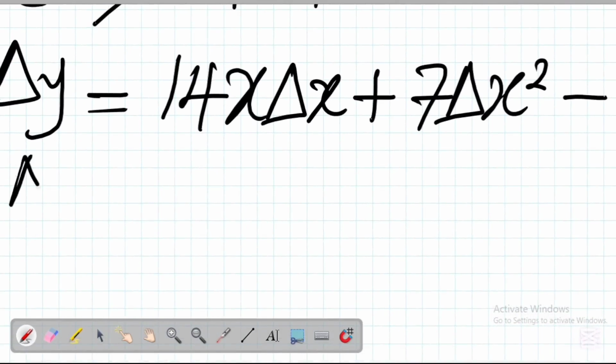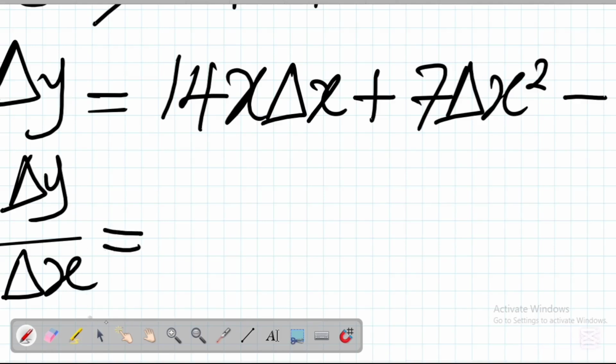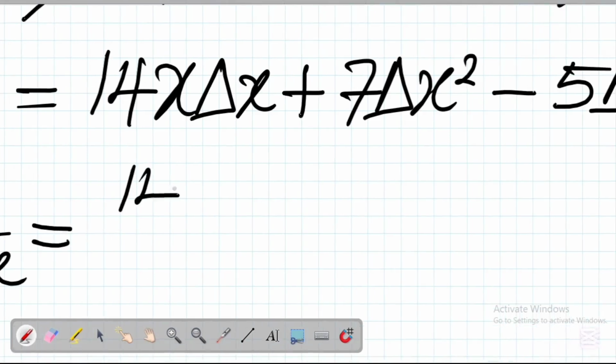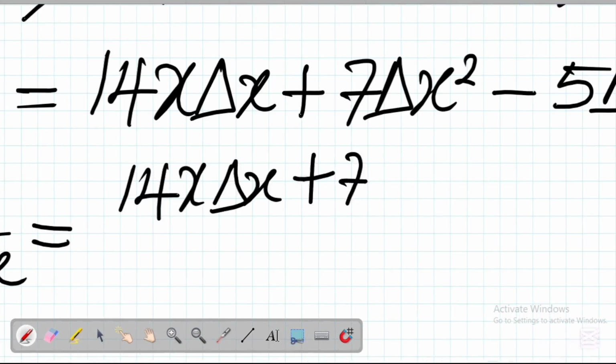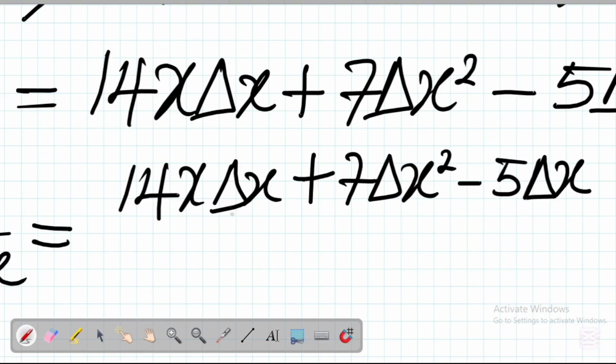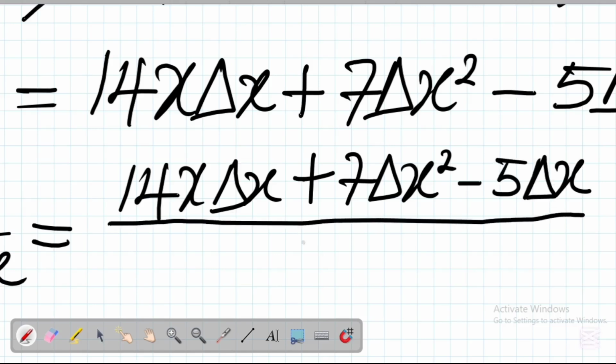So we have change in y all over change in x equals 14x change in x plus 7 change in x squared minus 5 change in x all over change in x.